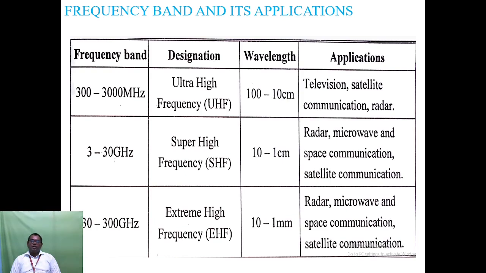It is used in radar, microwave, space communication and satellite communications. The range 30 to 300 gigahertz is called extremely high frequency, the wavelength is 10 to 1 millimeter, and it is used in radar, microwave, space communication and satellite communications.